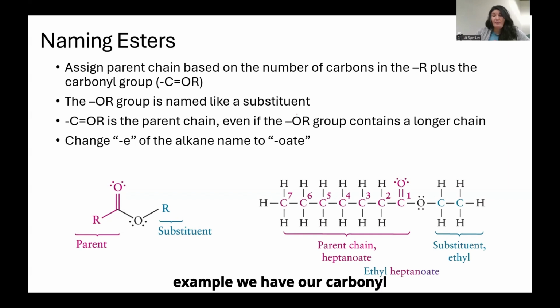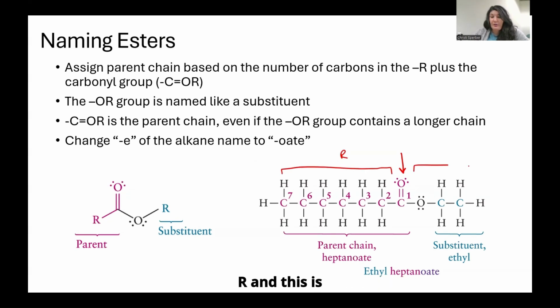So in this example, we have our carbonyl carbon. First look at your carbonyl carbon, and figure out which one is your R group and which one is your OR group. This is R, and this is OR. Our R group is going to be our parent chain. We include the carbon of the carbonyl because in reality the RCO is our parent chain.